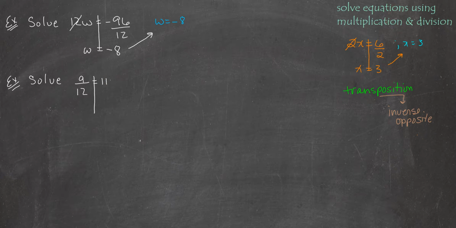So we ask ourselves the questions, right? There's a series of questions. One, is the variable alone? If it's already alone, you're done. There's nothing else to do except for maybe simplify it on the other side. But in this case, no, the variable is not alone on one side of the equal sign. So 2, what's in the way?